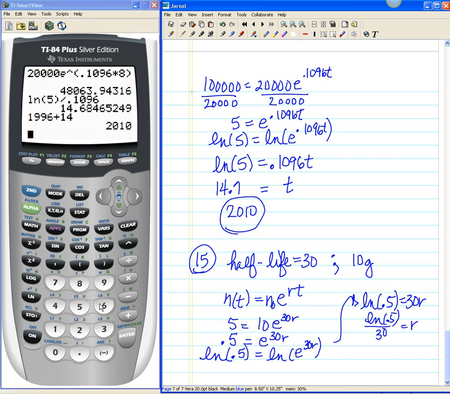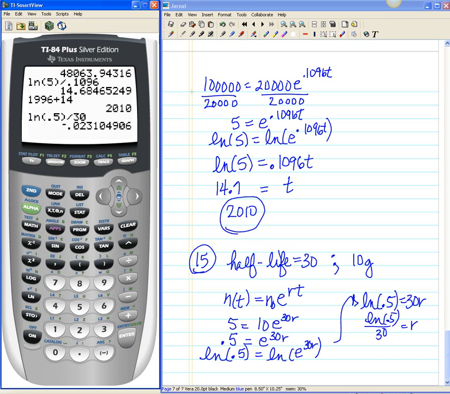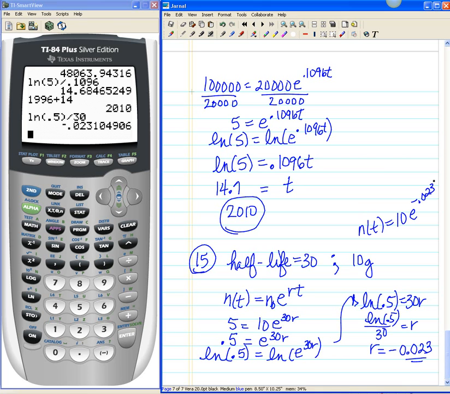And so the natural log of 0.5 divided by 30 is a negative 0.023. Oops, I left out my 0. Sorry about that. So the model for this is N of t is equal to 10 times e to the negative 0.023 times t.